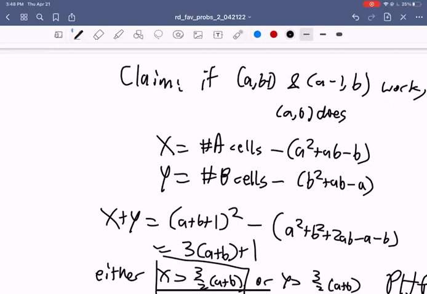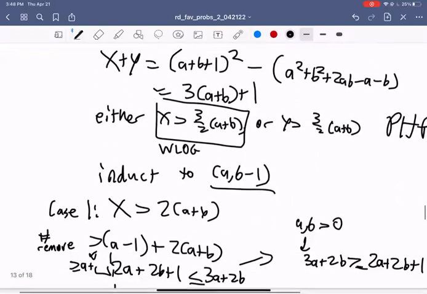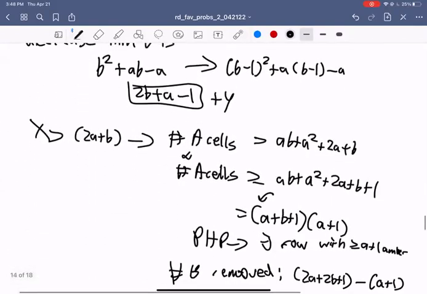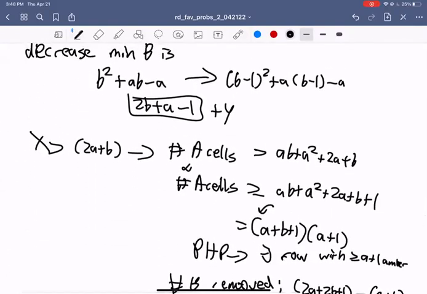And then we only have to consider one color. And by the pigeonhole principle, I was able to find a row which had enough of the other color such that we never remove too much of one color. And by removing that, I was able to prove the inductive step, which finishes the proof.